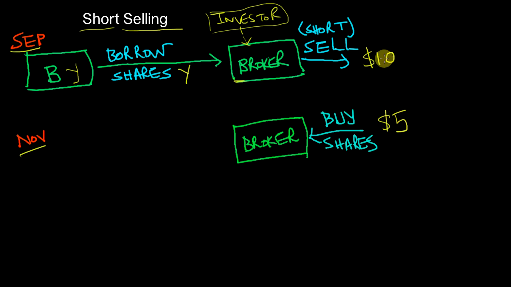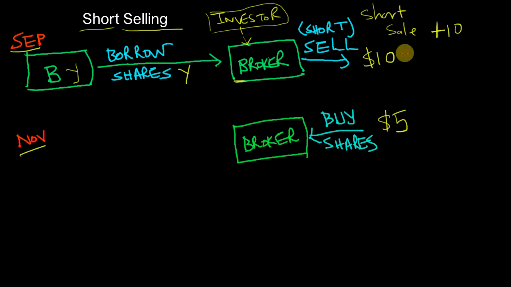So here you can see that due to this short sale, the shares were sold at $10, so plus 10. That's the gain from the short sale. And then you purchase the stocks back in November at $5.